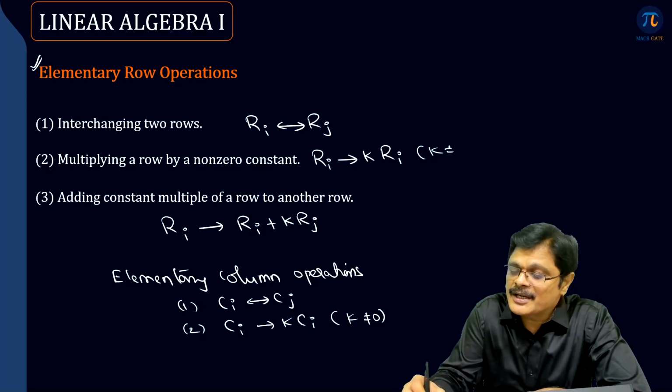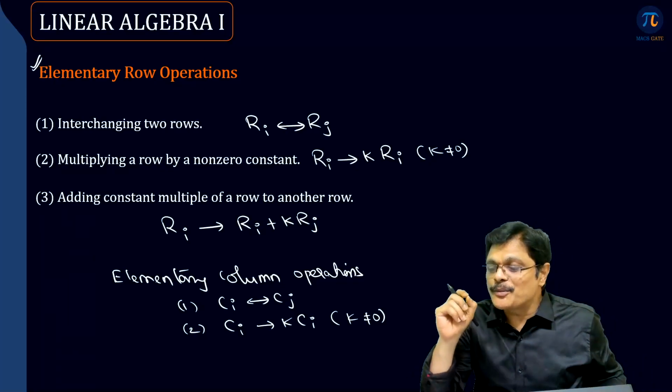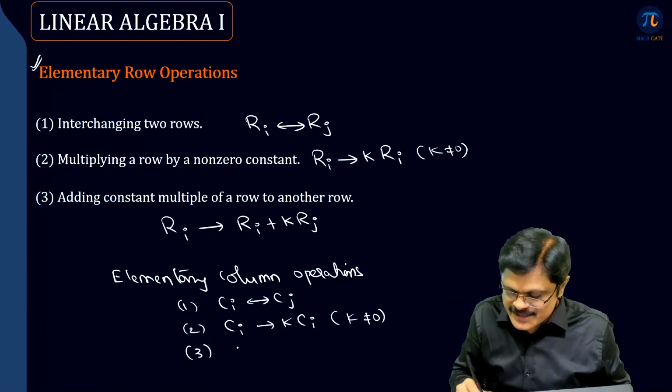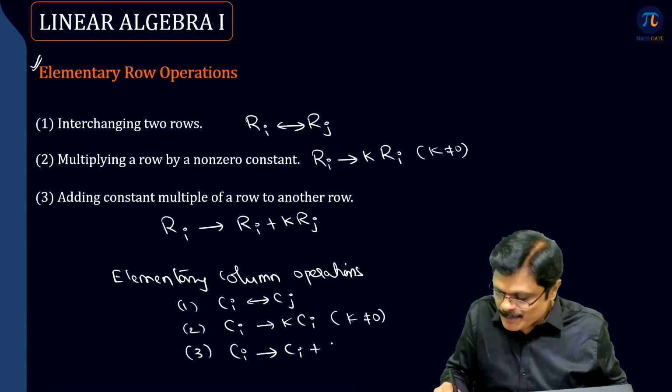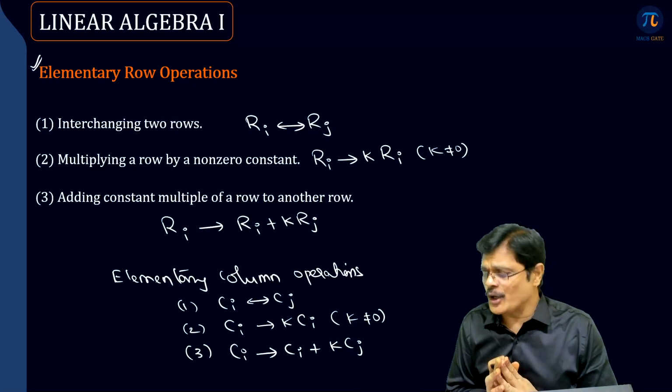You can mention that clearly. In mathematics, it is always very important to mention the properties properly. And the third one is adding a constant multiple of another column to this column. So these are the elementary column operations.